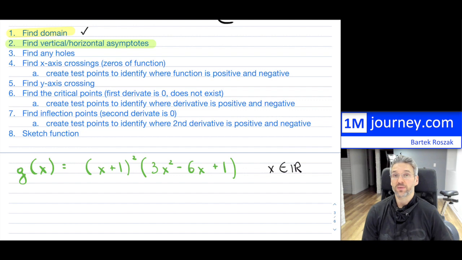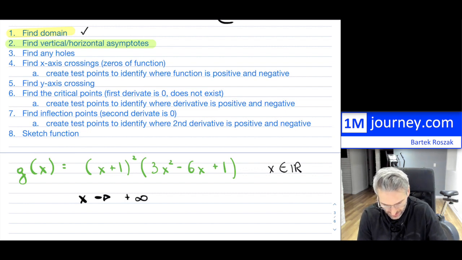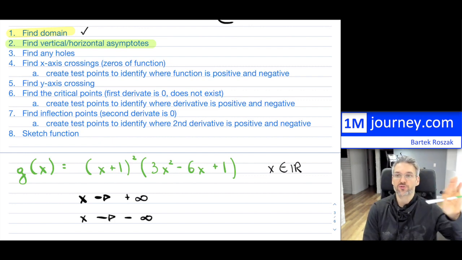That's going to give you some vertical asymptotes. Horizontal asymptotes are more so when you are interested in what happens as your independent variable x tends towards positive infinity, and what happens when it tends towards negative infinity, so at the extremes.